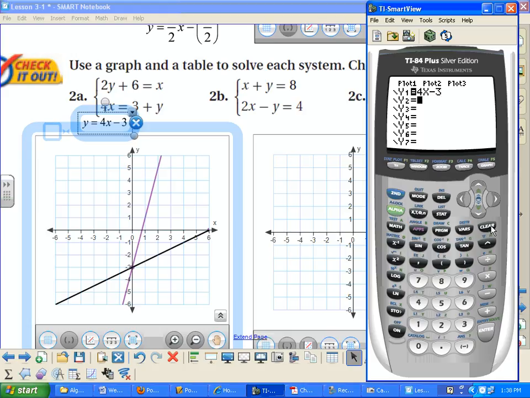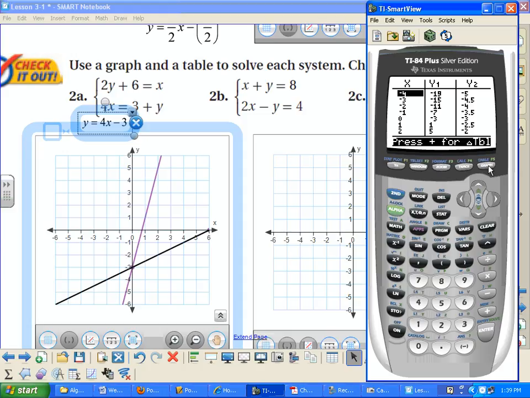Okay, so I can put that in parentheses: x minus 6 divided by 2. Then if I hit graph, I can actually see where they intersect. And if you go to your table, we can see that at 0, they both equal -3. Good. You can do that also.